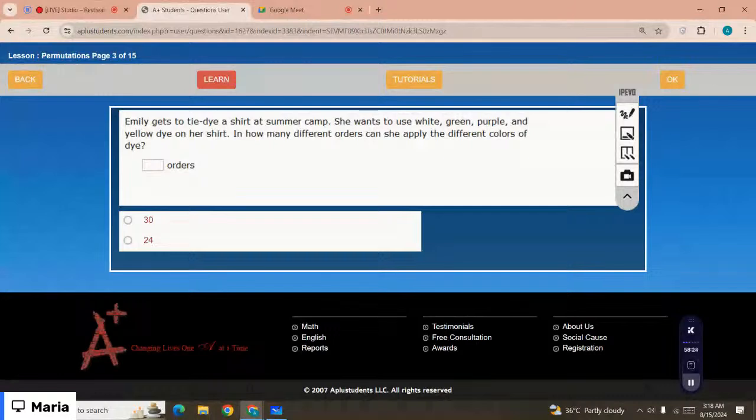So the total colors she has are 4. That is 4 factorial, which is 24. So that means the total number of orders is 24. Option number 2 is the correct option.